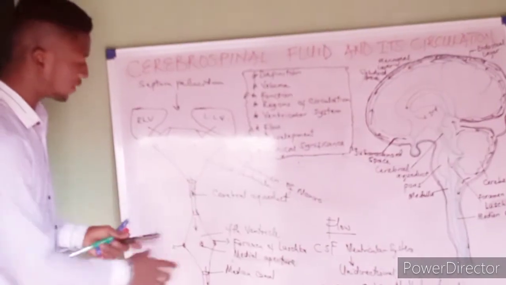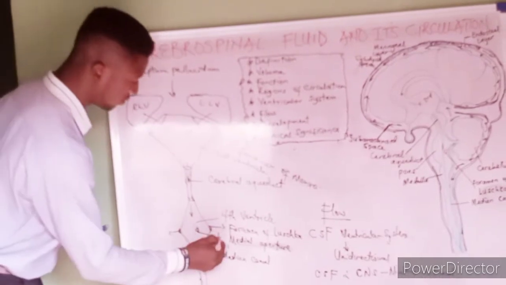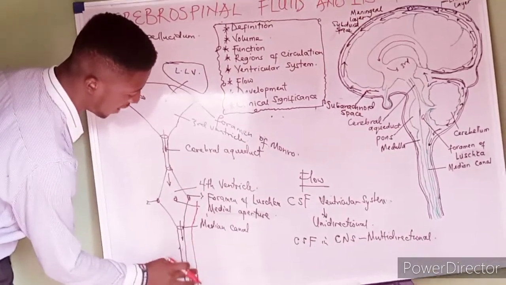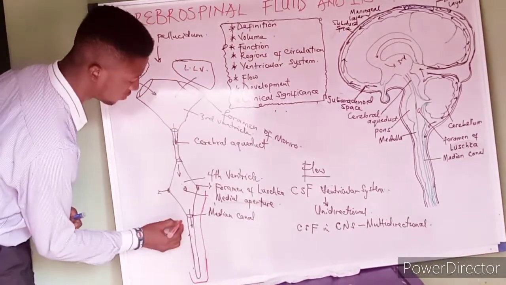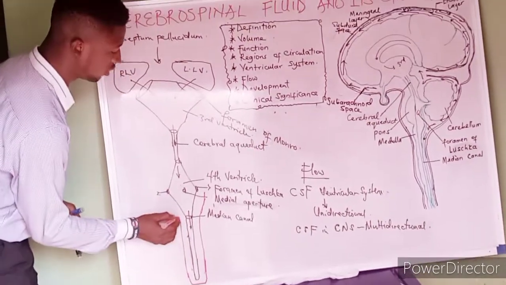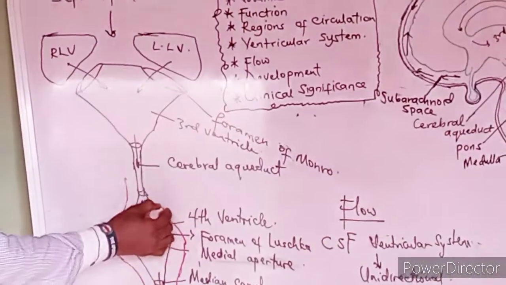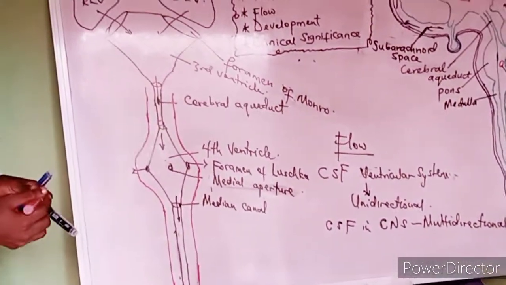So this region is bounded by the subarachnoid space. So this is the subarachnoid space.